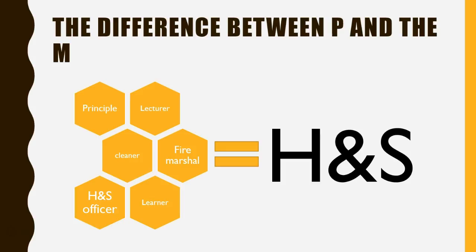HR might do it through training. Equally, there are loads of different legal obligations that the college has to abide by. And I think that's what you really need to bring out: that's their job role, but how does it help contribute to the whole environment for health and safety? Thanks.